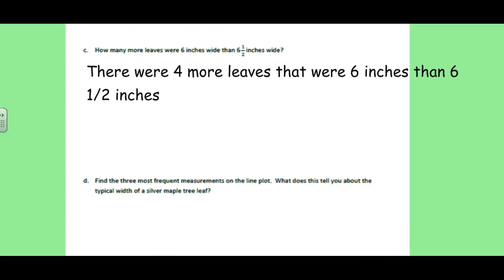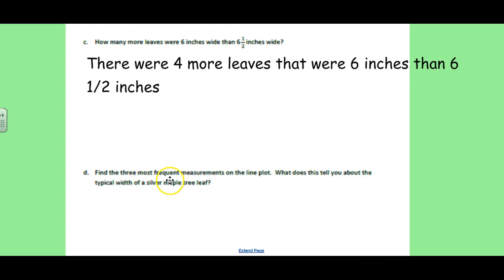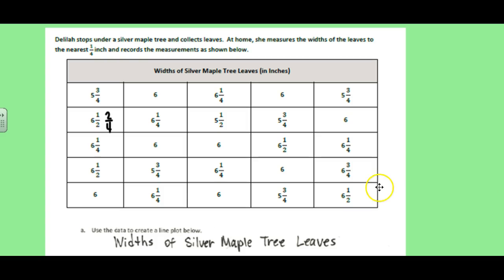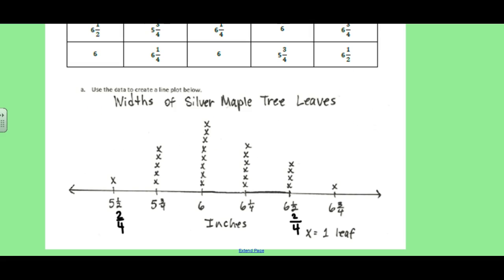And then question D says, find the 3 most frequent measurements on the line plot. What does this tell you about the typical width of a silver maple tree leaf? So it says find the 3 most frequent ones. So the 3 most frequent ones would definitely be 6 inches, 5 3/4 inches, and 6 1/4 inches because those have the most X's.